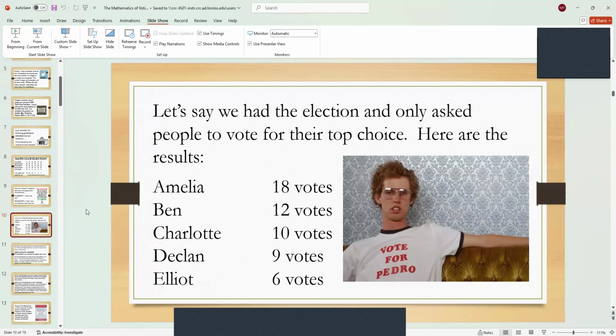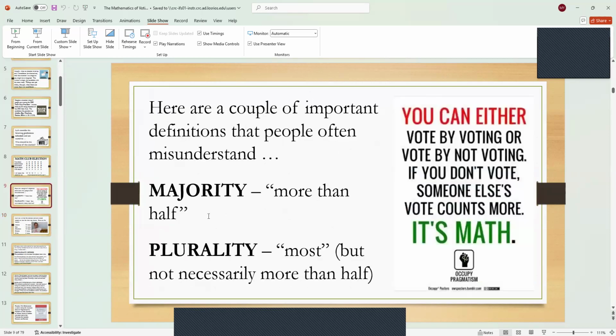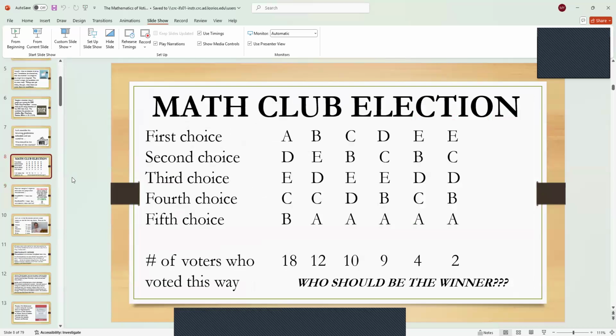Remember, there are 55 people voting, and majority means more than half. Half of 55 is 27.5. So to have more votes than 27.5 would mean you have 28 first place votes. Someone would need to have 28 first place votes to have the majority.